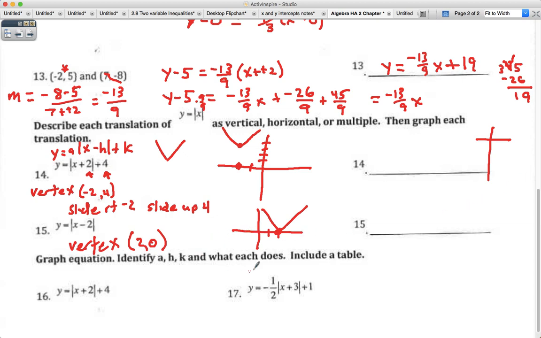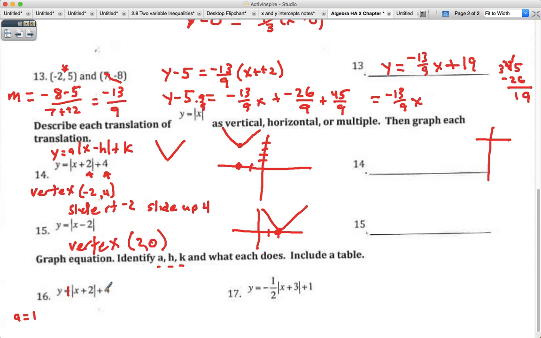For 16 and 17, identify the A, the H, and the K, what it does, and include a table. So let's take a look at absolute value of x plus 2, plus 4. I know A equals 1 here because there's 1 in front of the absolute value.